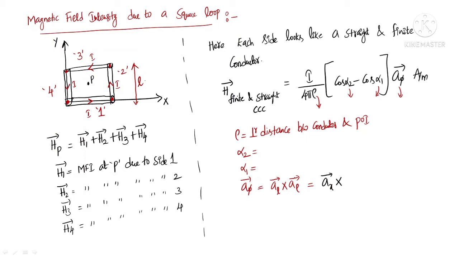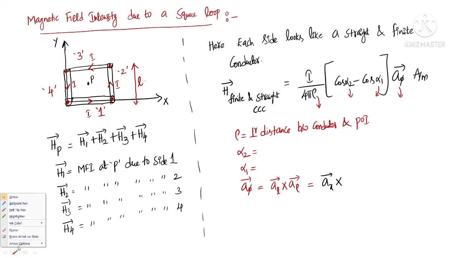A rho bar is the perpendicular unit vector from the conductor to the point of interest. This is the point of interest and this is the conductor. From the conductor to the point of interest, if you draw a perpendicular unit vector, it looks like this.